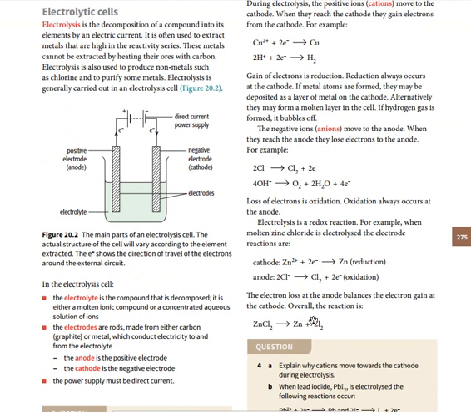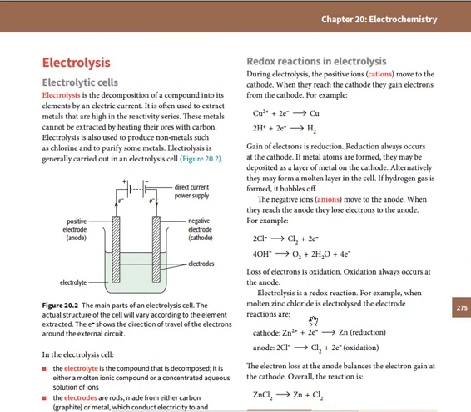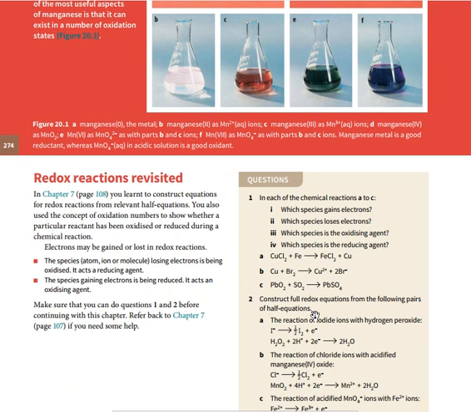So now the next thing we need to know is redox equilibria. This chapter on redox equilibria is divided into two main parts. The first part is involved with electrolysis, and the second part is involved with electrode potentials.